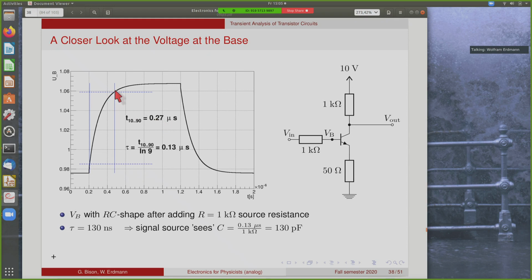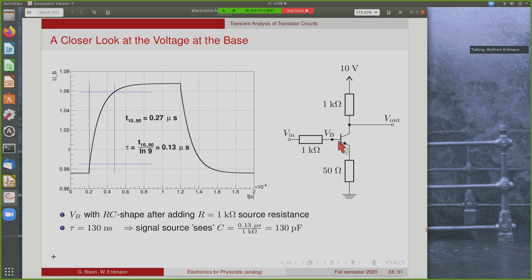So to get from 10% to 90% is roughly 0.27 microseconds here. The time is in microseconds. You can convert that to an RC time constant by dividing by the logarithm of 9. So this is a time constant of 0.13 microseconds, or 130 nanoseconds. So this looks like your 1 kilo ohm looks into a capacitance of 130 picofarads.